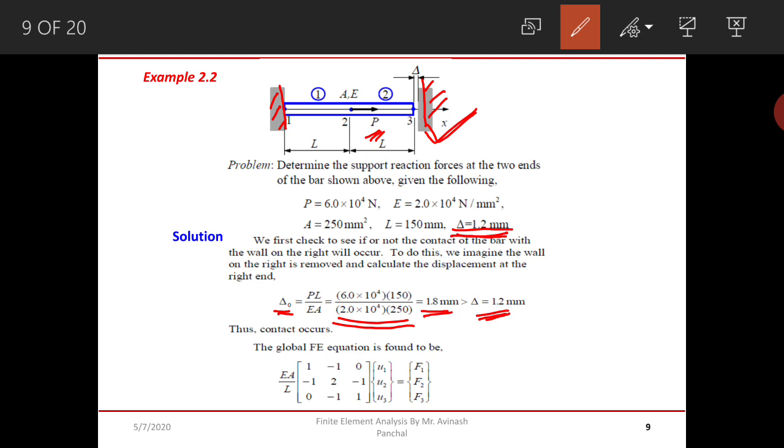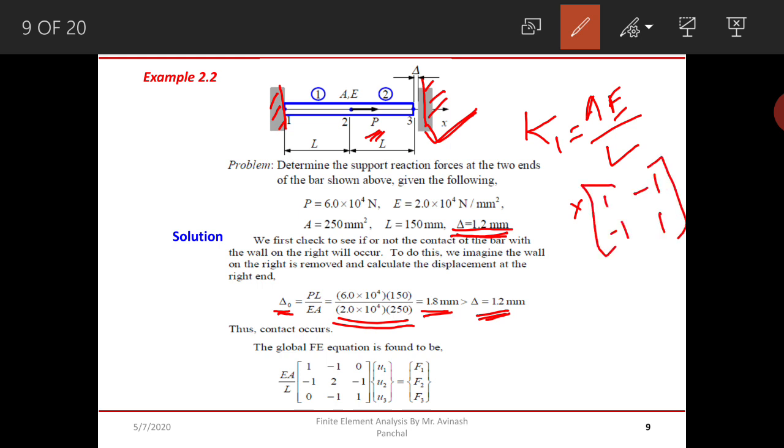Now we will find the element stiffness matrix first, that is K1, which is equal to AE upon L into [1, -1; -1, 1].